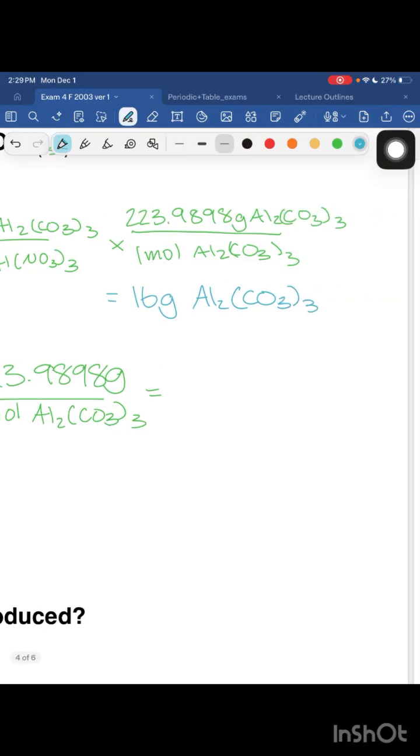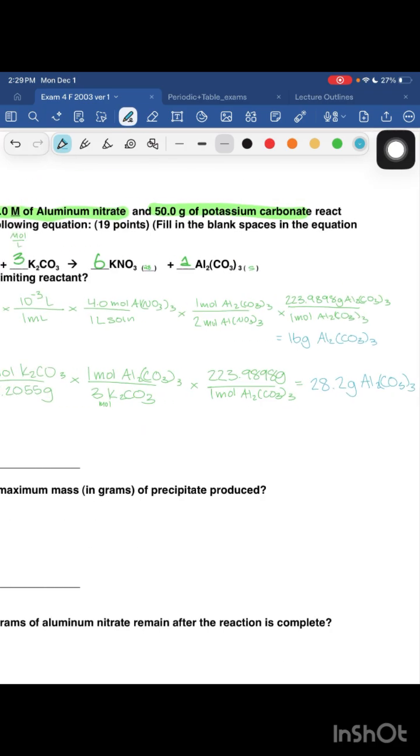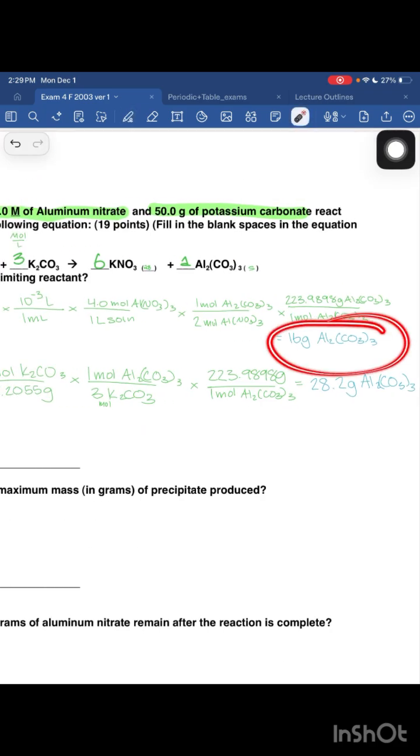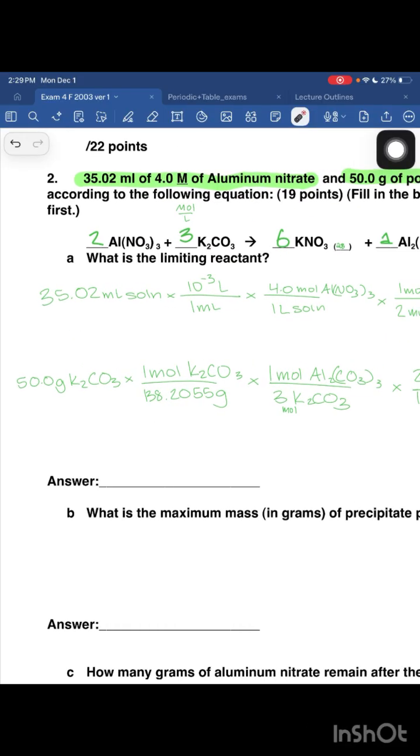And that gets us to 28.2 grams of aluminum carbonate. We get much less of aluminum carbonate from the aluminum nitrate solution, so that is our limiting reactant.